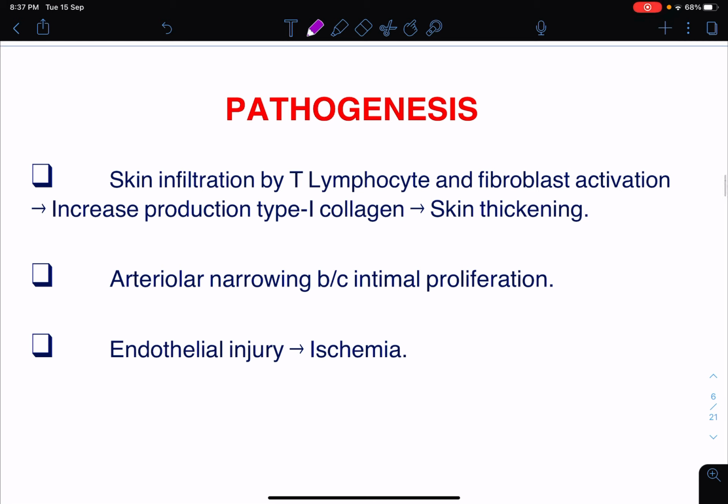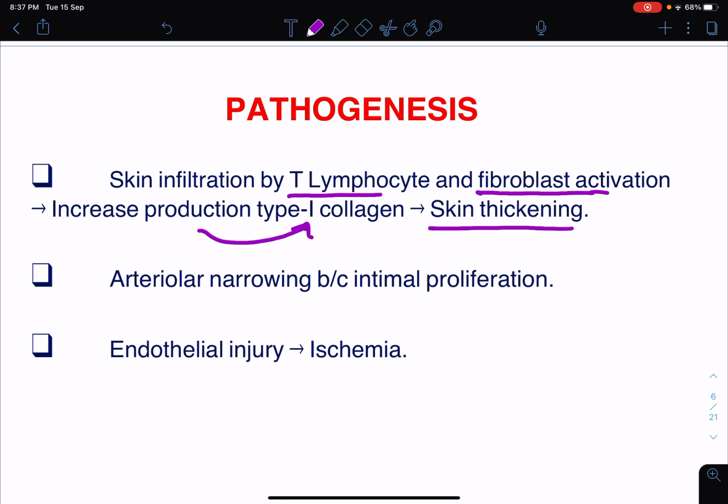Now, about the pathogenesis, this is an autoimmune inflammatory condition. So there will be skin infiltration by T lymphocytes and fibroblasts. Because of activation of fibroblasts, there will be increased production of type 1 collagen, and this will ultimately lead to skin thickening.